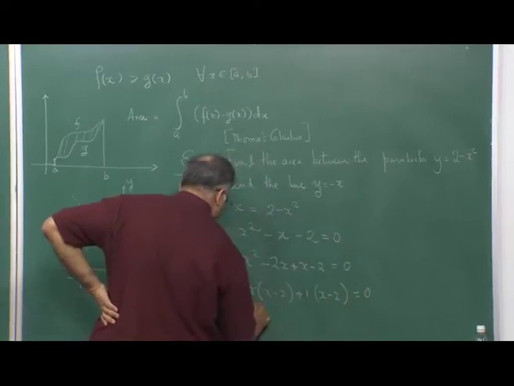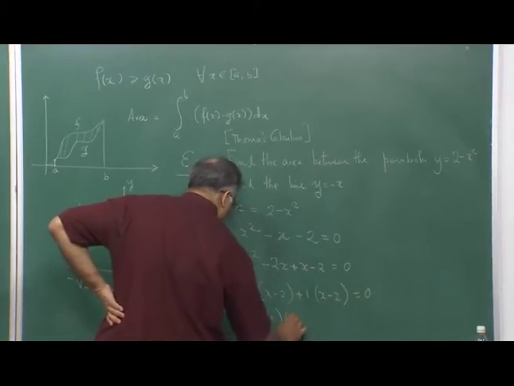So, it gives me x plus 1 into x minus 2 is equal to 0.